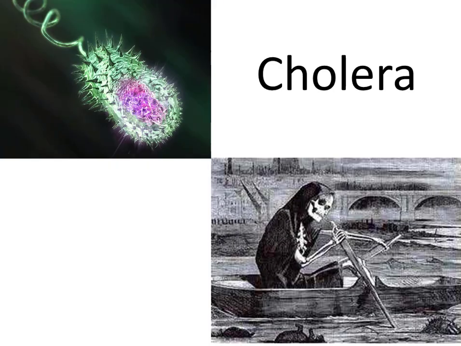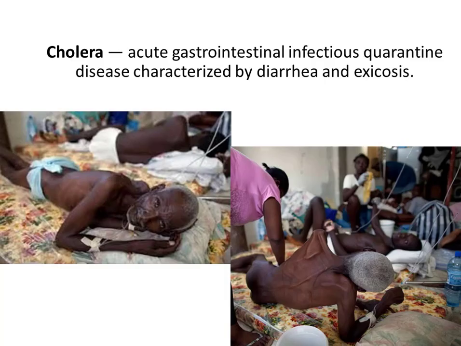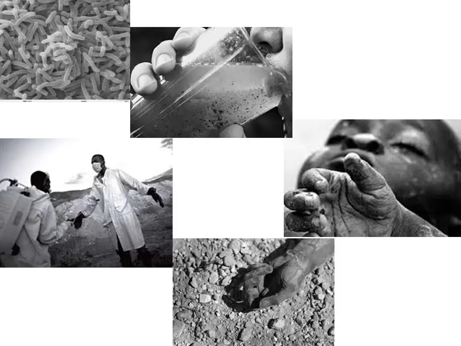Cholera. Cholera is an acute intestinal infection caused by the bacteria Vibrio cholerae and El Tor. It belongs to the group of quarantine infections, a highly contagious anthroponosis disease. The mechanism of infection is the fecal-oral transmission path.